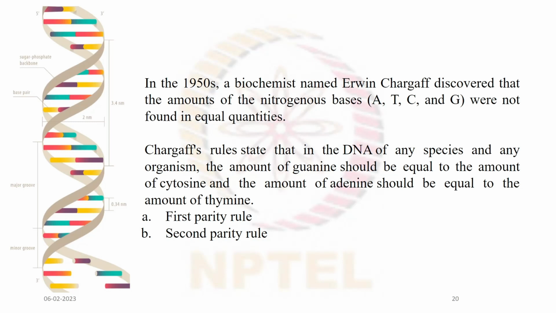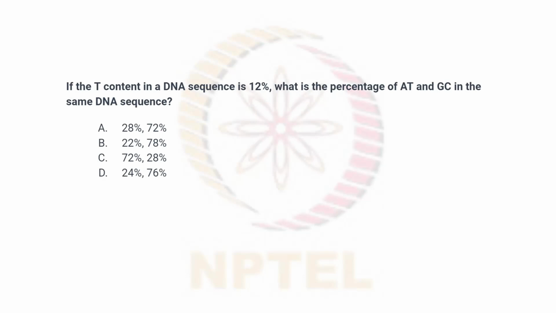That is, A equals T, and G equals C. And we have the rule of base pairing. Adenine always pairs with thymine through two hydrogen bonds, and guanine always pairs with cytosine through 3 hydrogen bonds. So according to this, since the thymine content is 12, we expect adenine to also be 12.